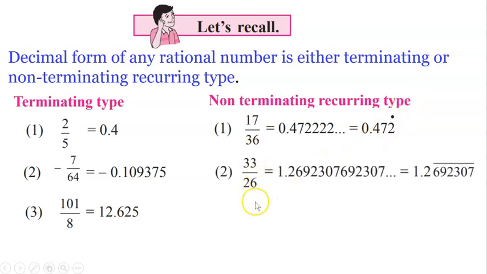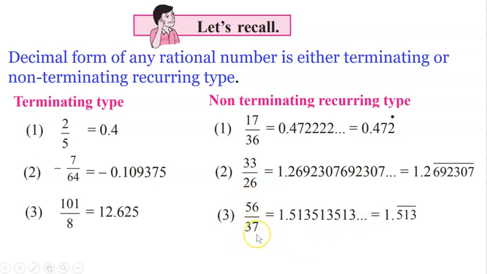Okay, 33 upon 26 is equal to, again, a group of digits, 692307, is repeating here, and hence we write here 1.2692307 with a bar raised over it.